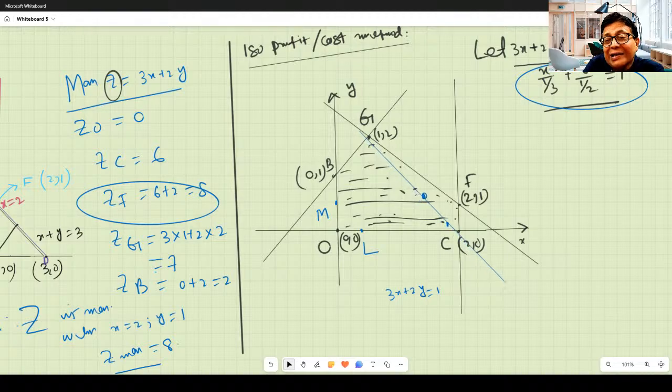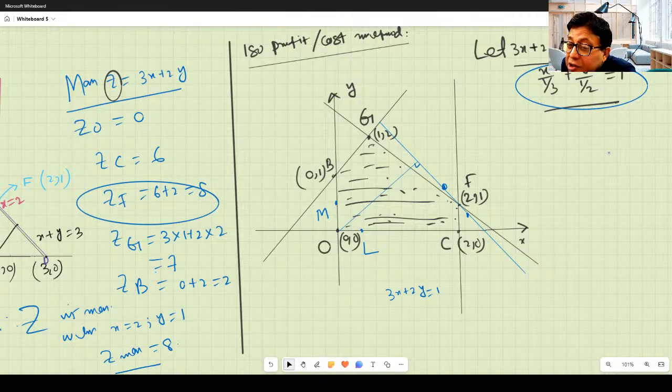At which point at last will it intersect? The point which is furthest away from the origin. Okay? So where it intersects at last for maximization, it is away from the origin. This distance of the line is maximum here where it intersects the point 2, 1. By isoprofit method, this is the point, 3x plus 2y equal to 8 we got, no? It intersects here. So at 2, 1 we will get the maximum value.